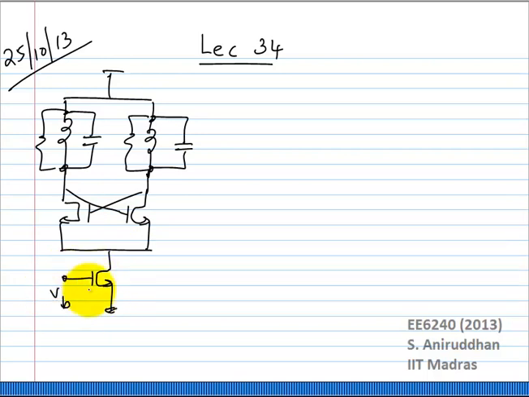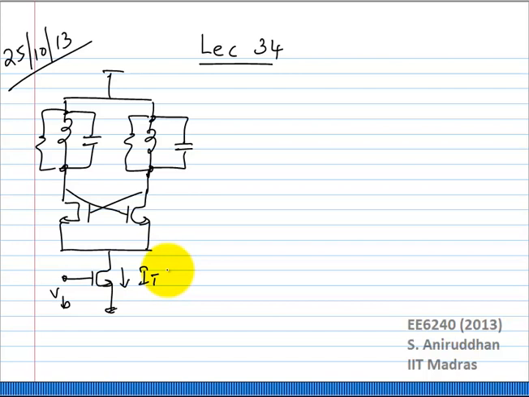Some V bias to give you this current IT. This is probably what it's going to look like. You have a current source. Most probably that current source is going to be a transistor, with a bias voltage. Maybe a current mirror.